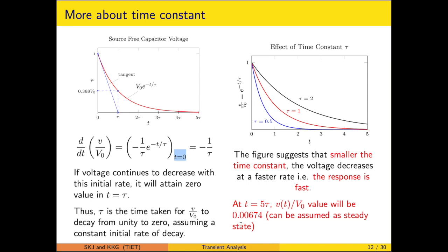Numerically, the value at 5 times the time constant is within 1%, precisely 0.00674 of the initial voltage. So that can be regarded as the steady state value, or we can say the system has attained the steady state when the time is 5 times the time constant.